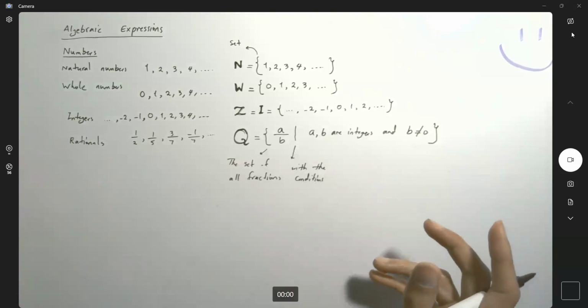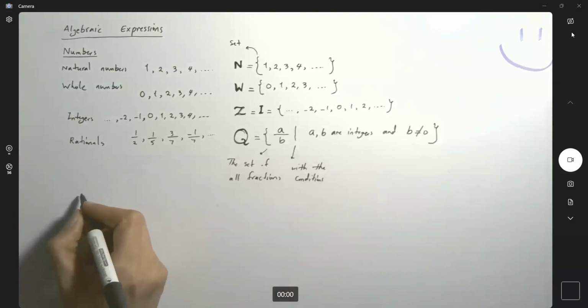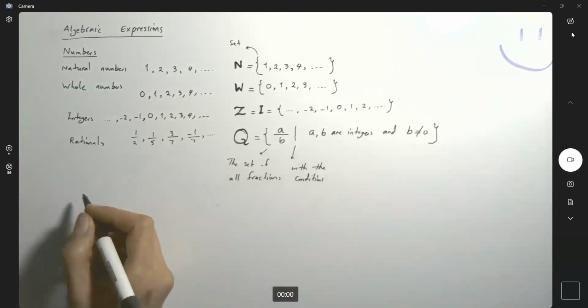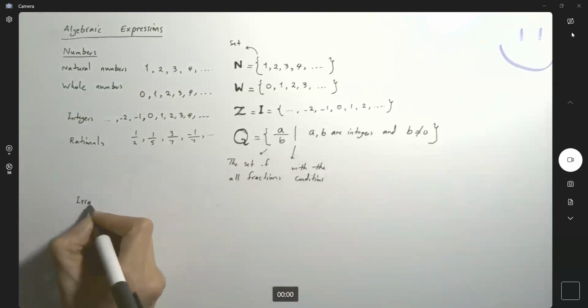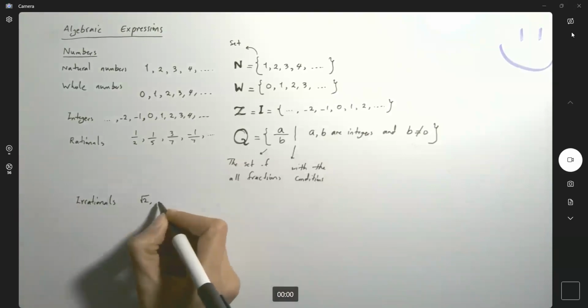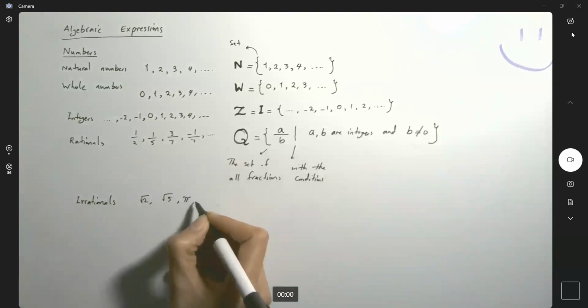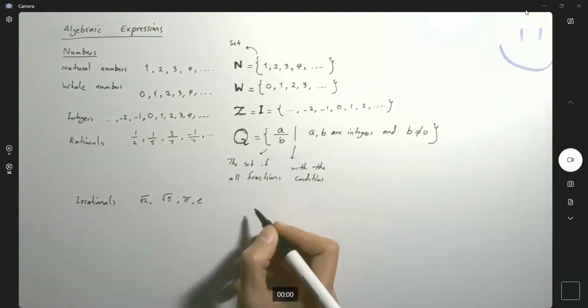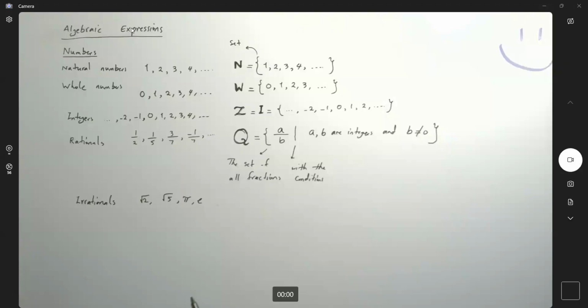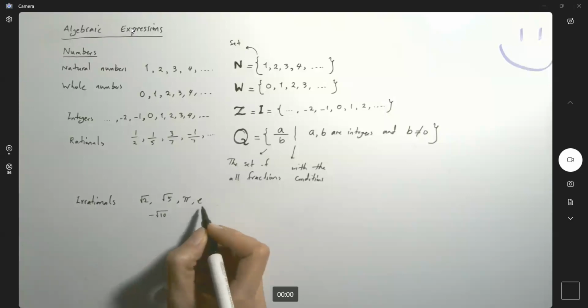I expect you to ask, there is square root of 2. There is, for example, pi. There is Napier number e. Those are called irrationals. Square root of 2, square root of 5, negative square root of 10, pi, Napier number.